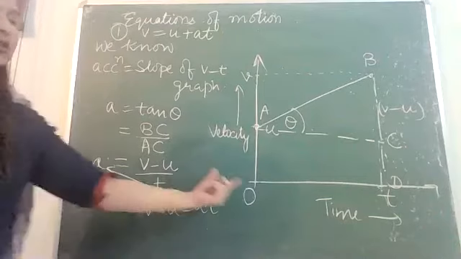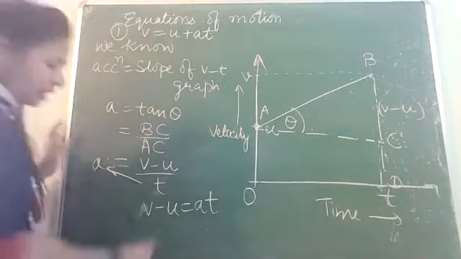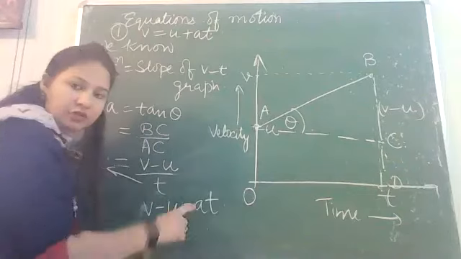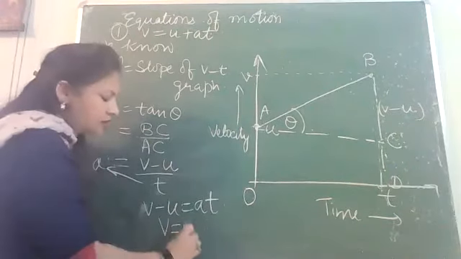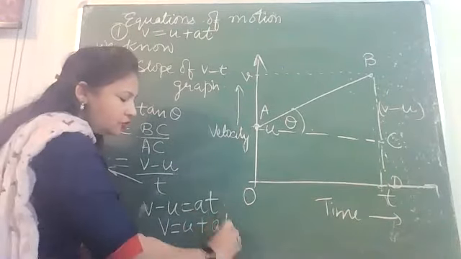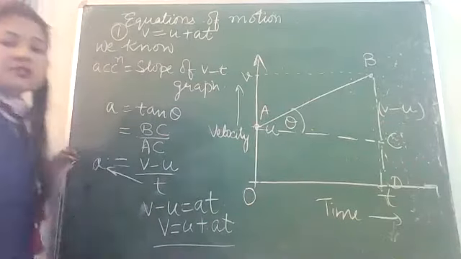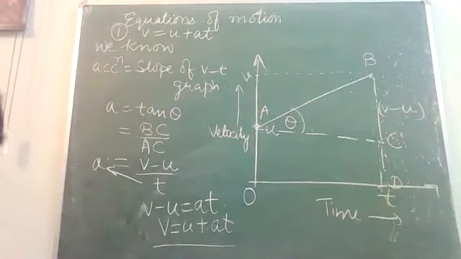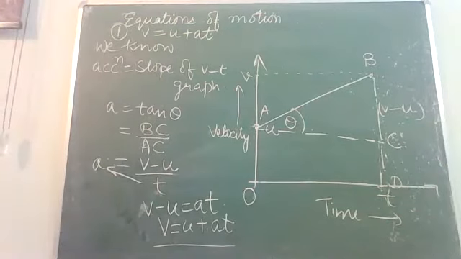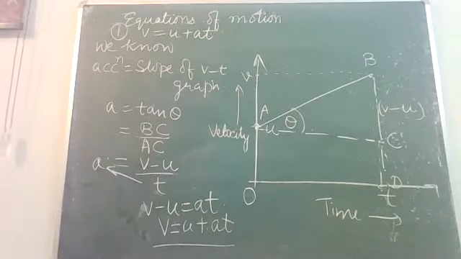Now take minus U to the other side, and V becomes positive. U goes there and becomes positive. So we have V equal to U plus AT. So this is the proof of the first equation of motion by graphical method.